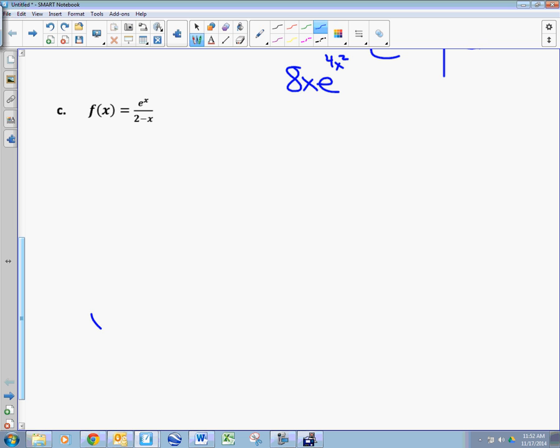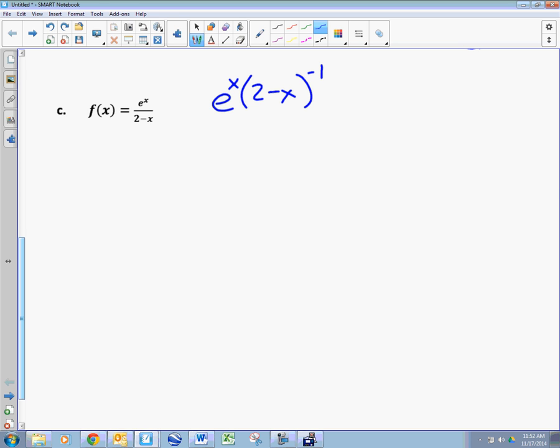Let's look at c. What would you use for c? Some people don't like the quotient rule, and they only use the product rule and the chain rule. If you did that, you would have to write it like this. But I don't really like that, because then I have negative exponents. So this requires the use of the product rule and the chain rule, whereas this only requires the use of the quotient rule.